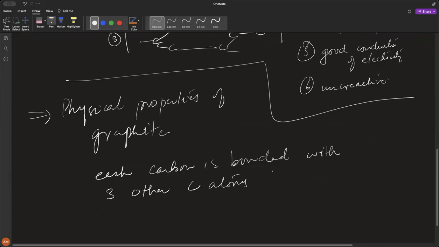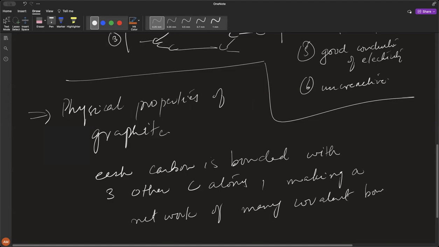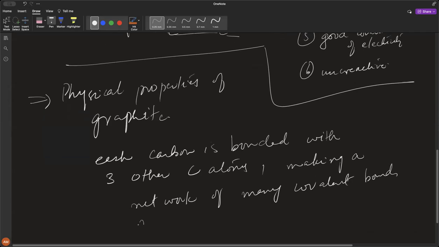Do you understand? That is the reason there are so many covalent bonds, and when there are so many covalent bonds in a single molecule, its melting point goes up. You understand? Each carbon is bonded with three other carbon atoms, making a network of many covalent bonds all together, right?